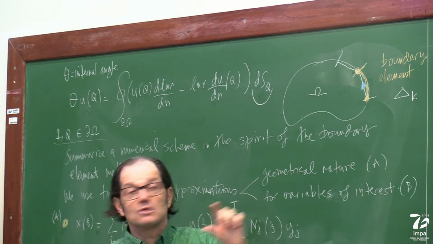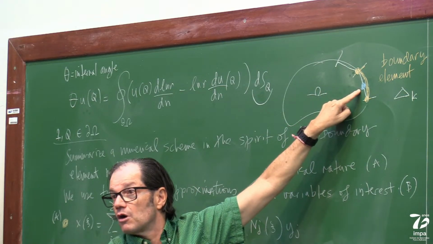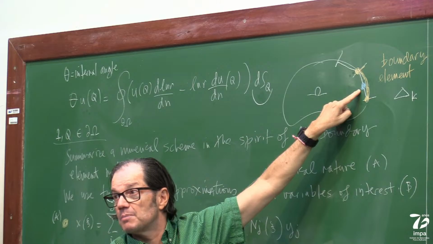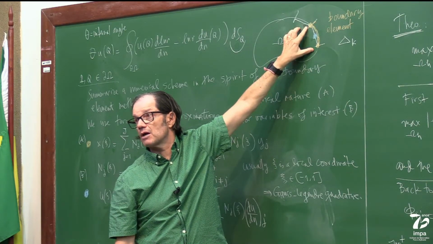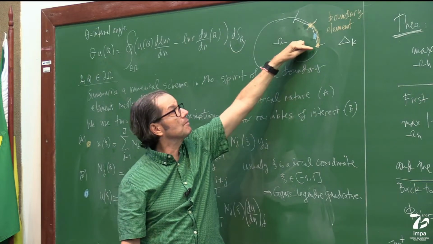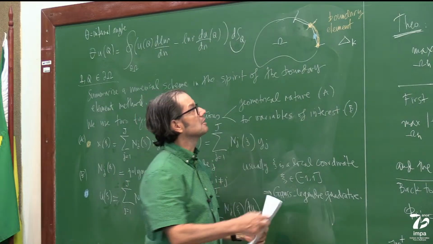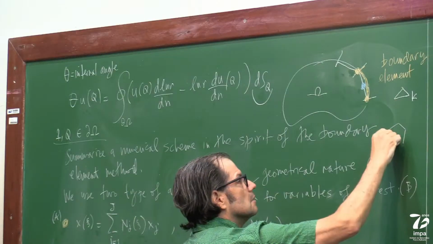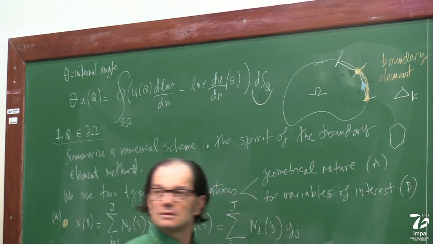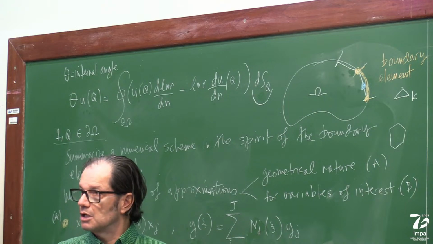If I'm thinking of a piecewise constant approximation, I shouldn't make this guy big, right? Make it small. So in this case, I'm using only one node for the solution of the PDE, but two nodes for the geometric approximation of the boundary, right? Which means my geometry here varies linearly, so it's piecewise. So the boundary will be something like this, right? Piecewise linear, but within each segment, my solution is constant.